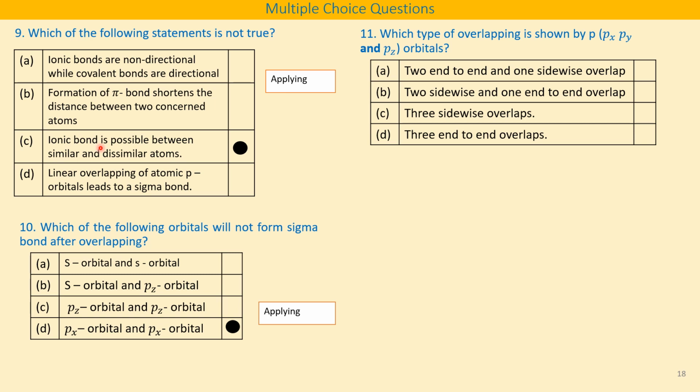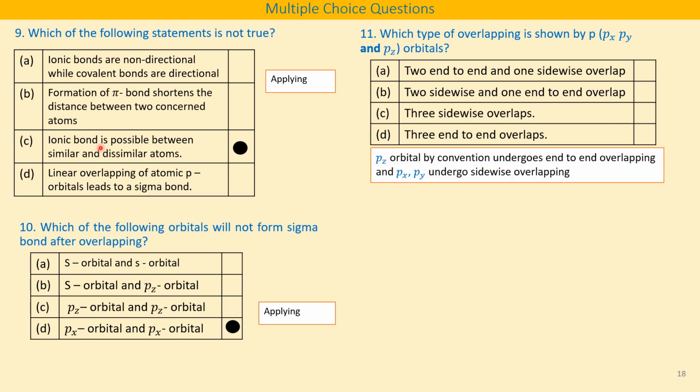Option D, 3 end-to-end overlaps. Pz orbital by convention undergoes end-to-end overlapping and px, py undergo sidewise. So the correct answer is option B. So there are 2 sidewise overlaps and 1 end-to-end overlap.